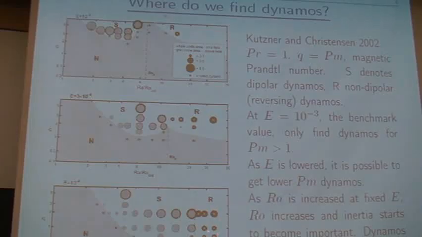There seems to be some kind of critical Rayleigh number above which you start to get strongly inertial and reversing dynamos over here. And the suggestion, I think, which came from Olsen and Christensen a few years ago, is that possibly this region over here may be where the dynamo of the Earth actually sits.